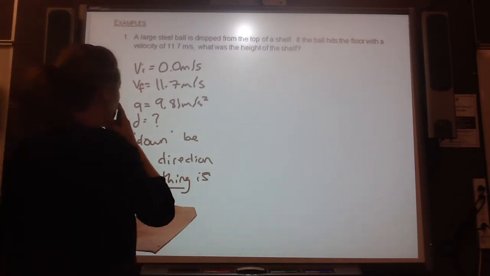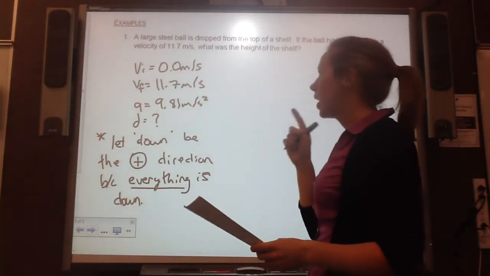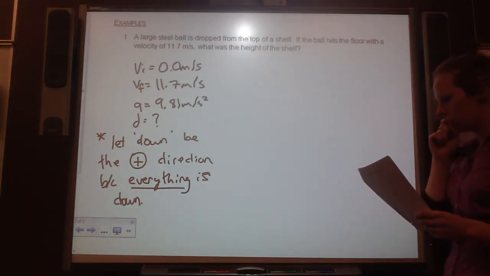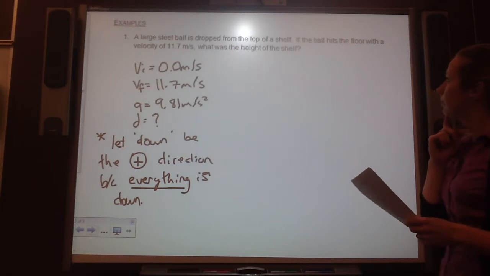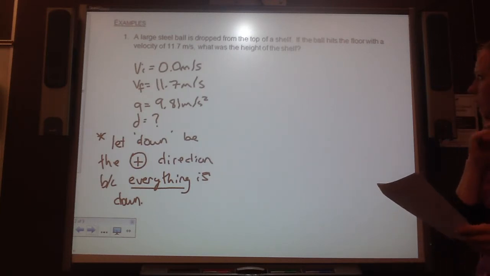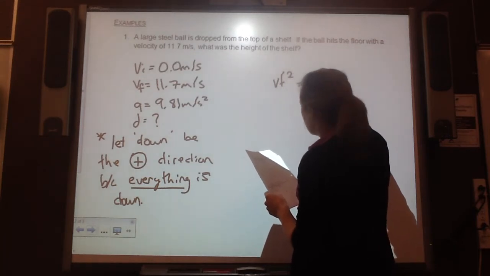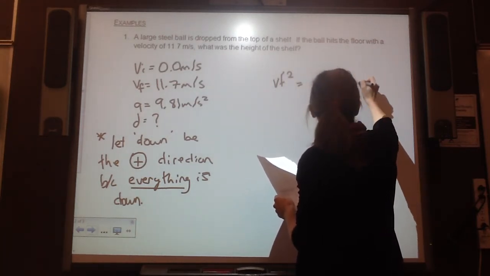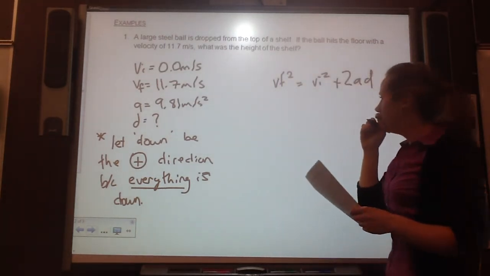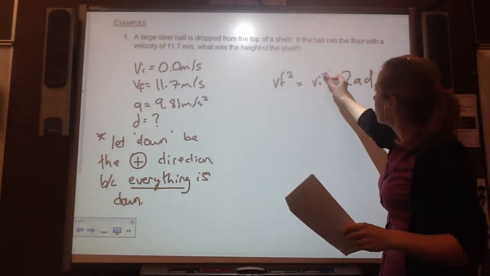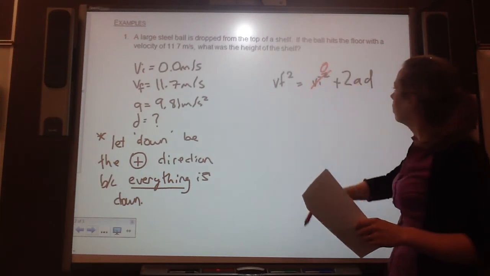Okay, so which equation has VI, VF, A, and D all in it? VF squared equals VI squared plus 2AD. I can make this simpler for myself, and I'm just going to cross out the VI squared because that's 0.